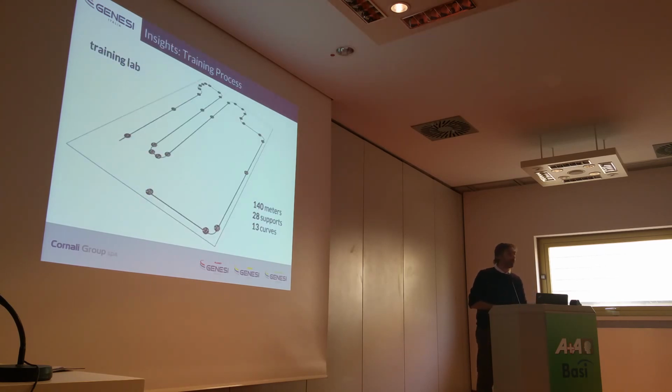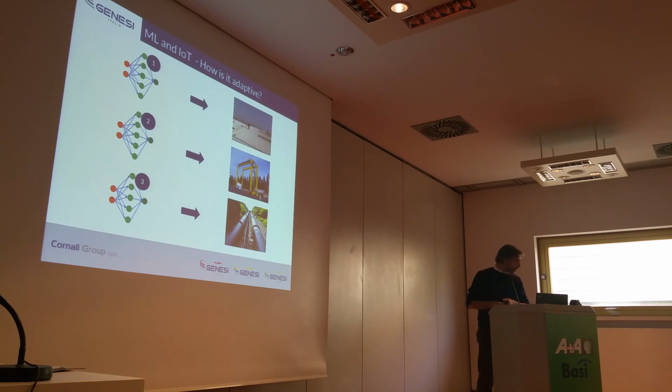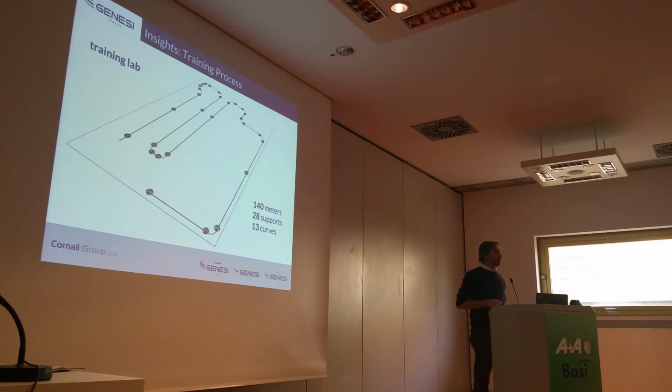Just some insights about the training process. So now we concentrate on this case, the roofing case. We built a training laboratory with these characteristics: 140 meters of lifeline, 28 supports, 13 curves to simulate a very complicated scenario.